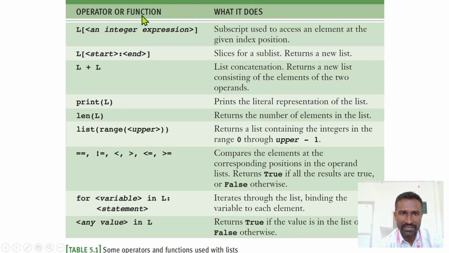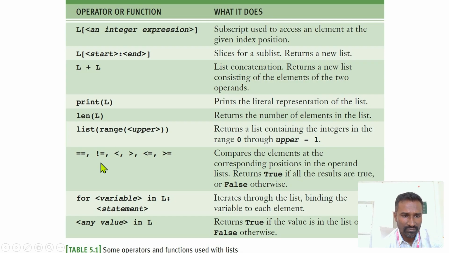These are the operators and functions. For a list, we can use integer expressions as a subscript, and start and end for the range. Slices are used for sublists, plus is concatenation, and this is the print of the list value. This is len, the length of the list, the number of elements in the list. Range of upper returns a list containing the integers in the range 0 through upper minus 1.